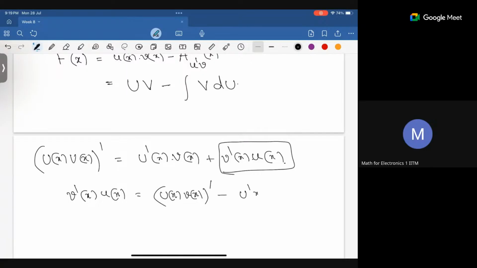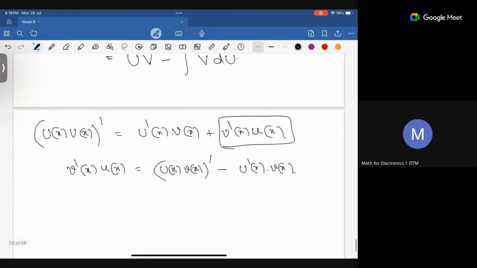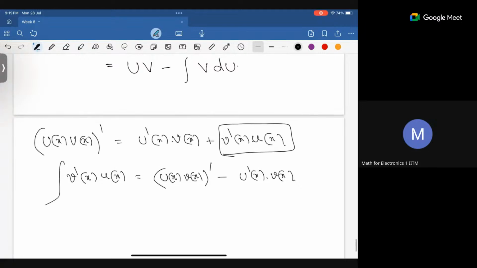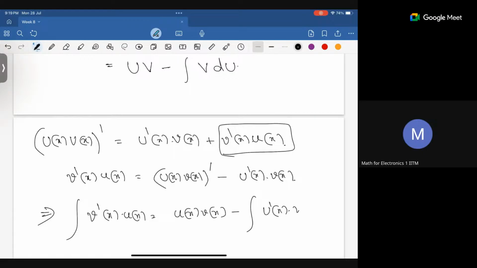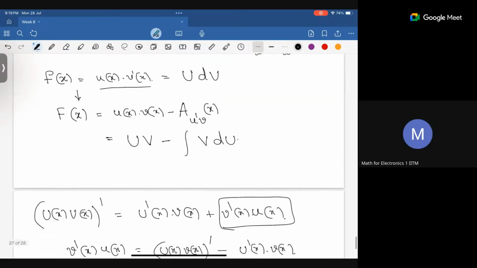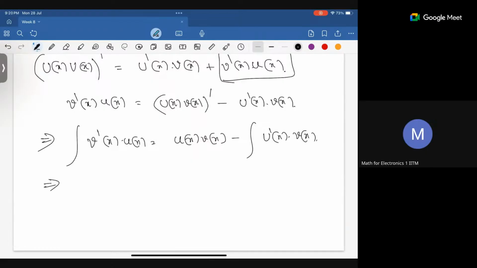If you are looking for the antiderivative, then if I take the antiderivative of this derivative, you will get u of x v of x, and the other antiderivative will be the integral of u prime x v x. So this is what I wrote. So this is the integral of f of x, which is capital F, which will be u v minus the integral of v du.